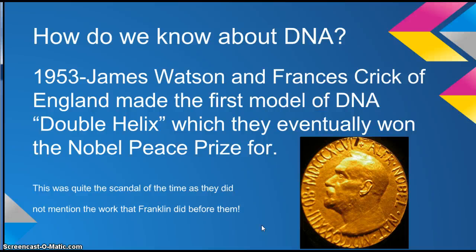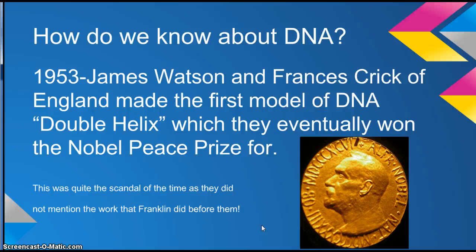If you don't know about it, it's named after Alfred Nobel, and he came up with the Nobel Peace Prize because he discovered dynamite, and he became an instant billionaire. And because dynamite was so devastating and destructive, he wanted to do something positive for the world, and so he set up a fund for the Nobel Peace Prize.